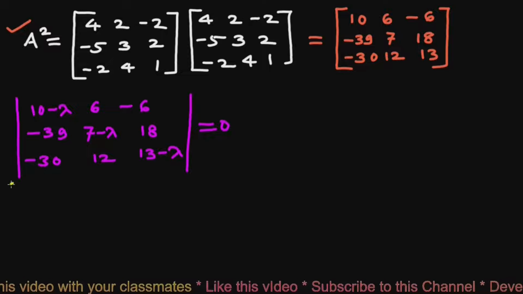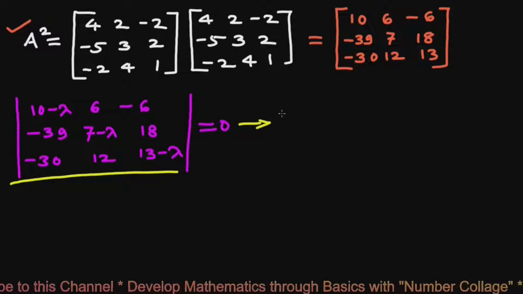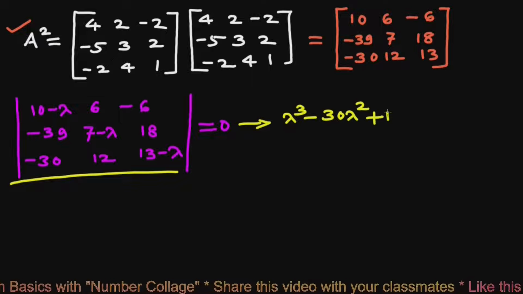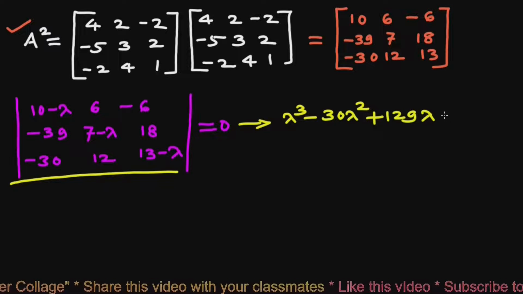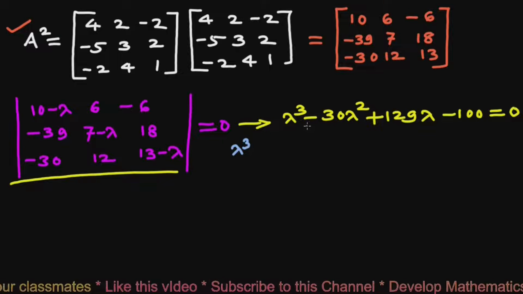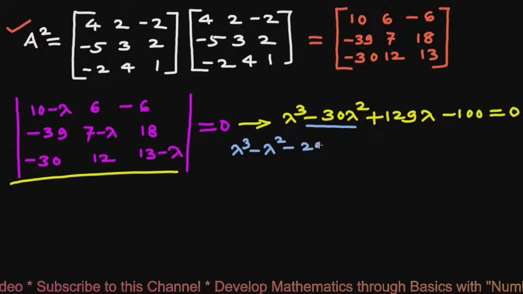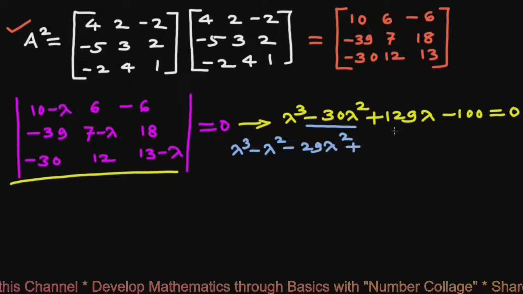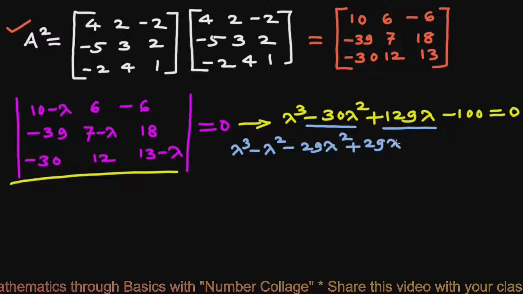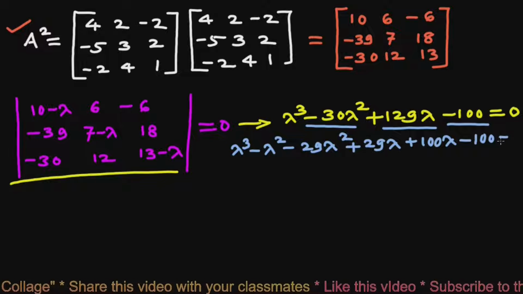After expansion of this determinant, we get a cubic polynomial equation lambda cube minus 30 lambda square plus 129 lambda minus 100 equals 0. Lambda cube, we will split this minus 30 lambda square as minus lambda square minus 29 lambda square, plus we will split this 129 lambda as 29 lambda plus 100 lambda, minus this 100 equals 0.